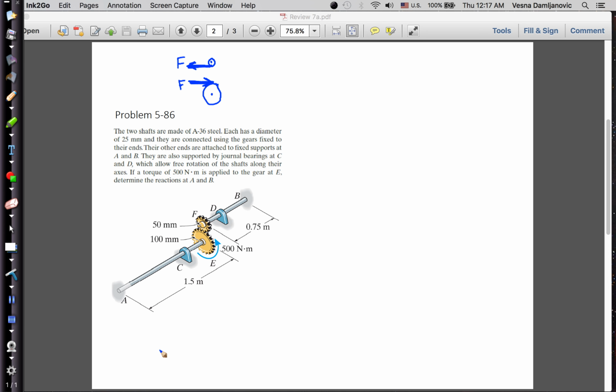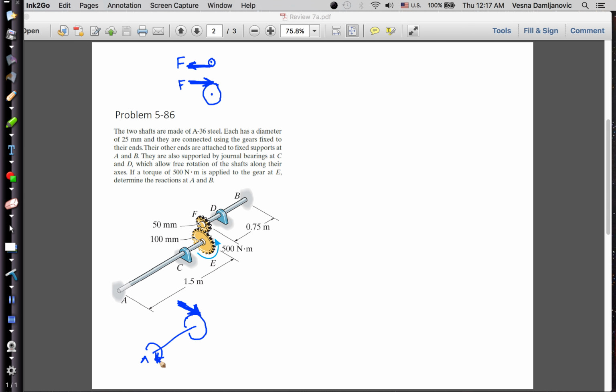Okay, so this one looks like this, and the force is here. That's the force, right? The torque on this end is in this direction.